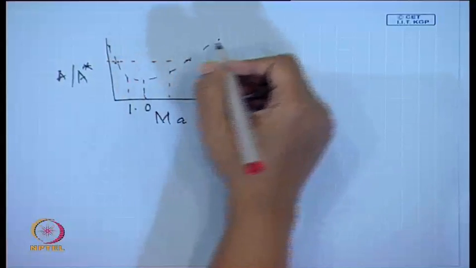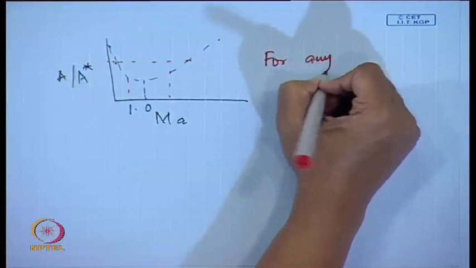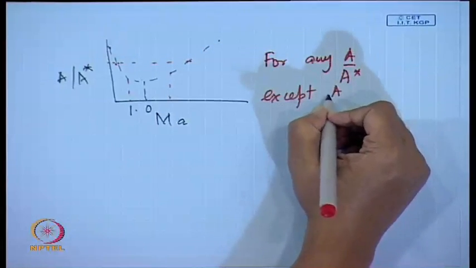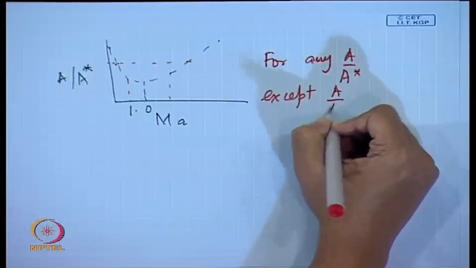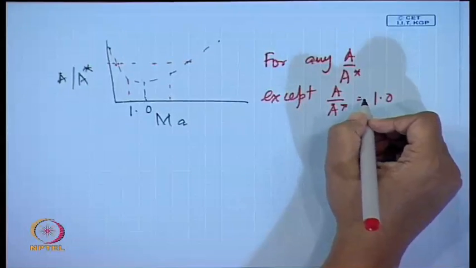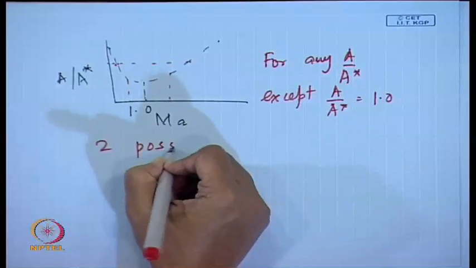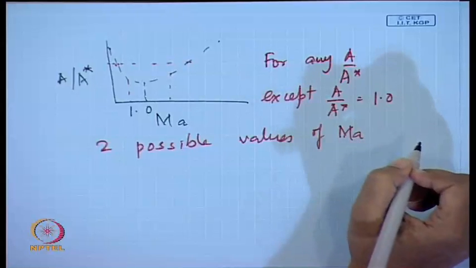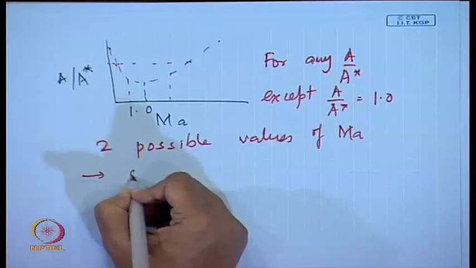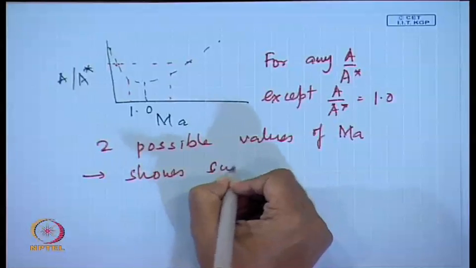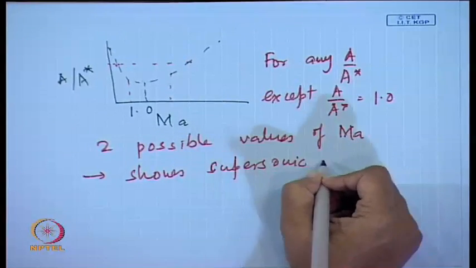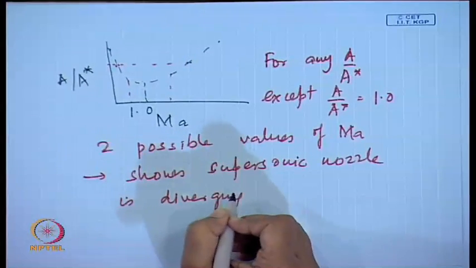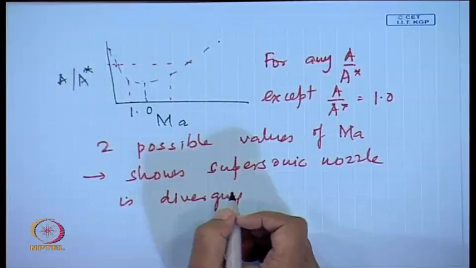So, please remember that for any A by A star except A by A star equals 1.0, there are two possible values of M A. So, this shows a supersonic nozzle is diverging. So, this is clear to you.